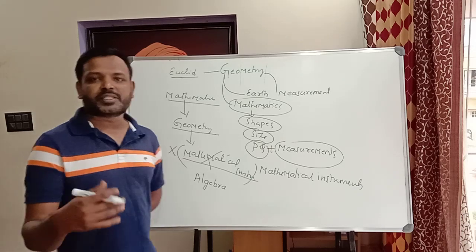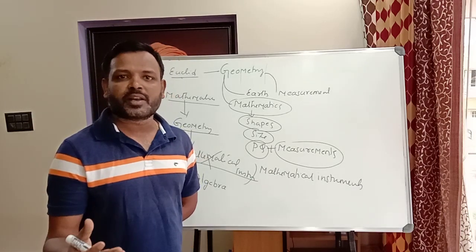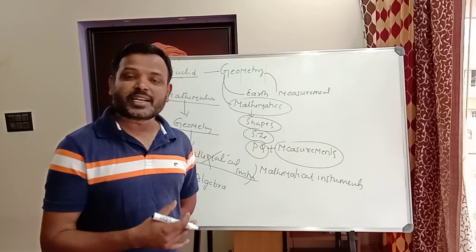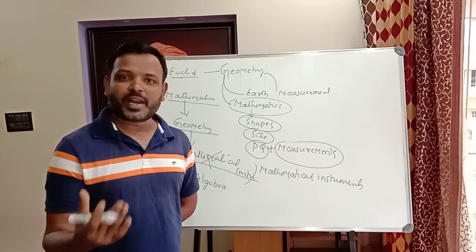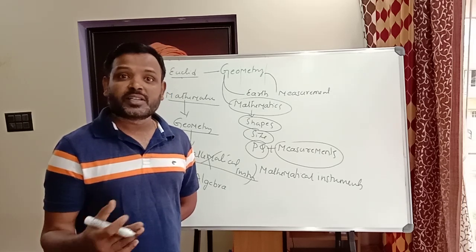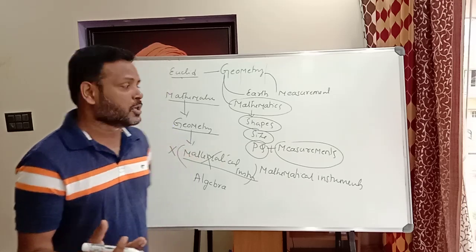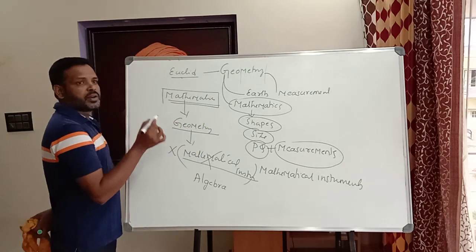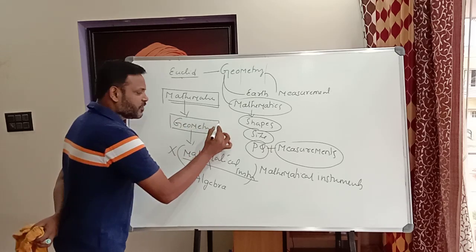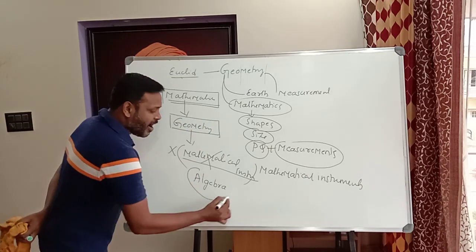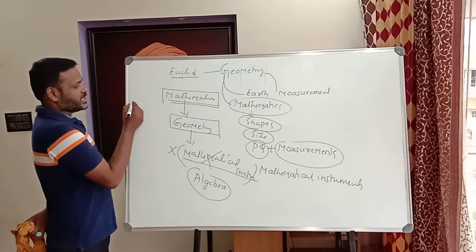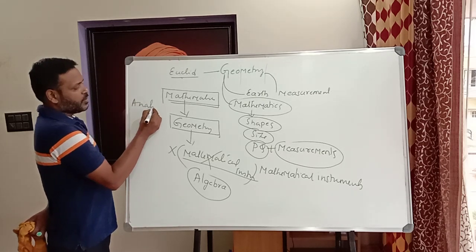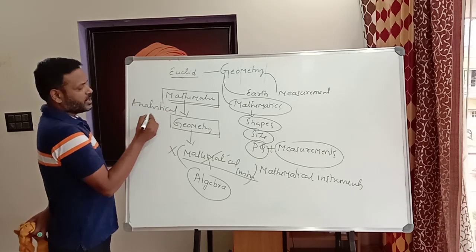It means addition, subtraction, multiplication, division, equality, containing some constants, variables, expressions, equations, whatever it may be. A branch of mathematics which deals with the study of geometry using algebra, we call it analytical geometry.